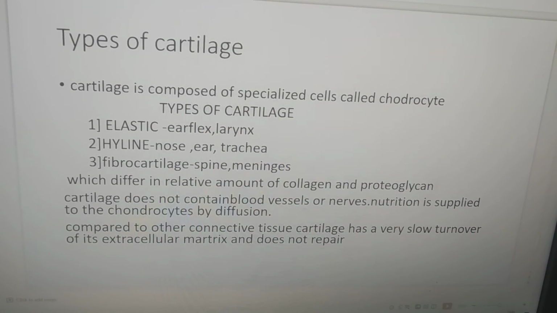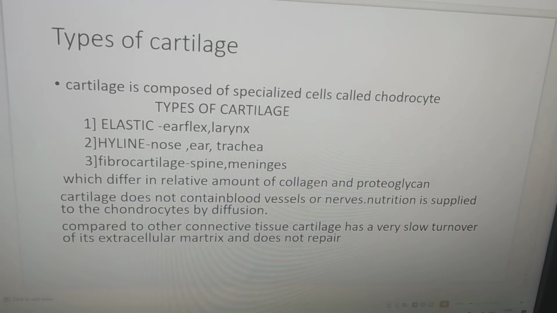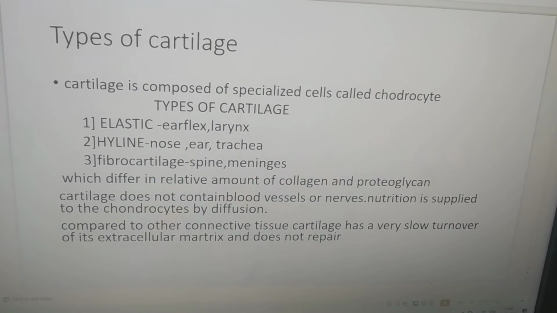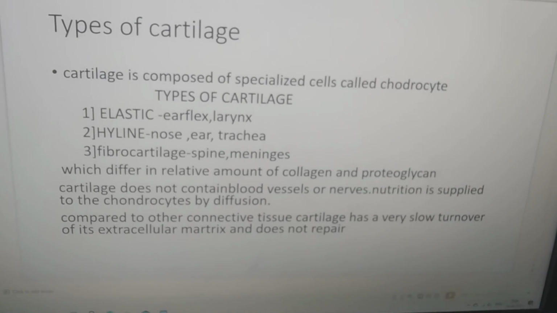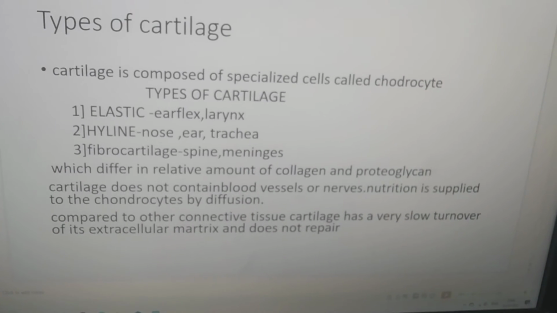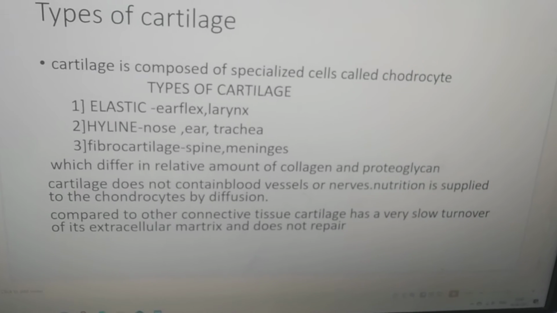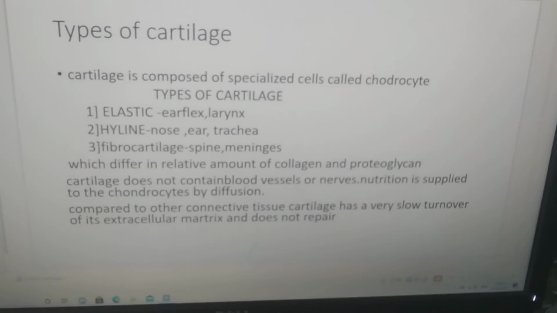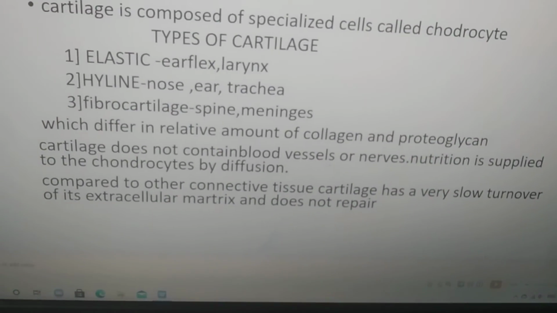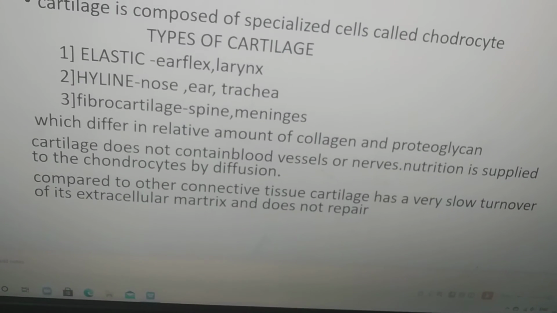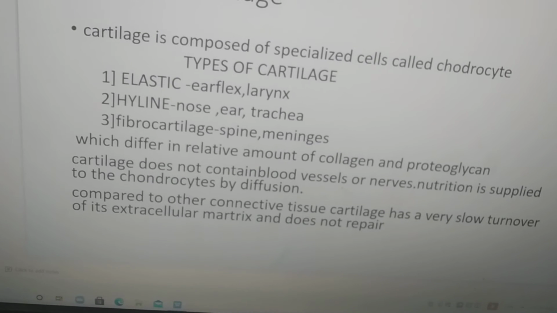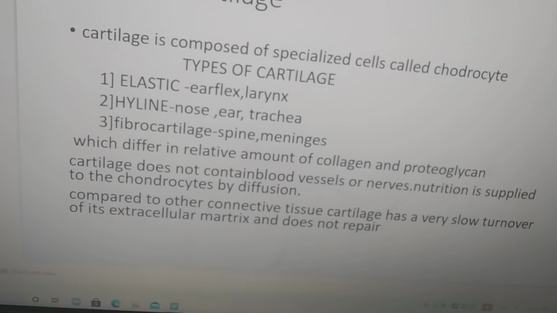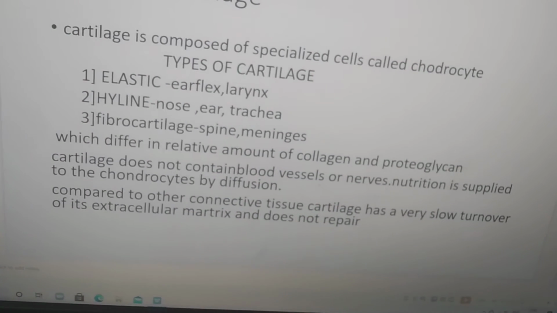Compared to other connective tissue, cartilage has a very slow turnover of extracellular matrix and does not repair well, because nutrition is supplied by diffusion and there are no blood vessels. Repairing cartilage takes too much time.